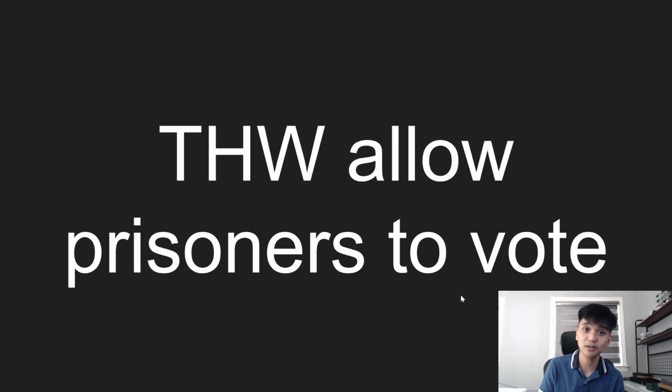Let's go into some examples, if that's fine. Let's say the motion was, this house would allow prisoners to vote. Now, of course, we know that the debate is not on whether prisoners voting is good or bad, nor is it on whether the right to vote is good or bad in general. Let's go immediately to a more contentious question, because I don't want to be bogged down by the first exercise.